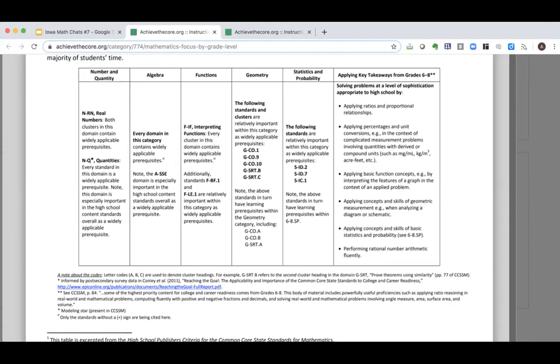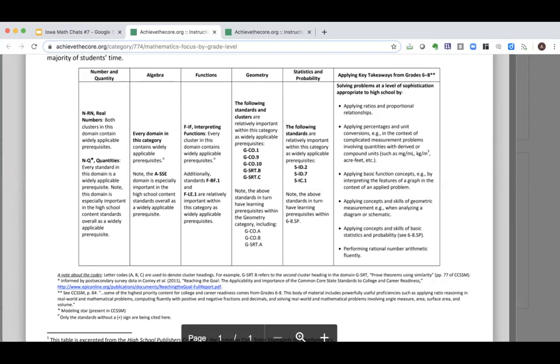What this document is saying is that if we're going to focus our time around content, this would be the recommendation. Also over here for students, you might need up to 85% of your time for some of your students. Maybe you only need 65% of your time for some of your students. But this isn't saying to skip any standards.